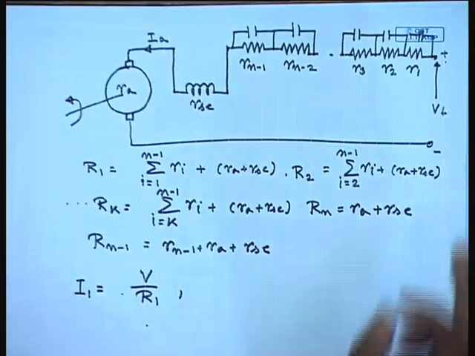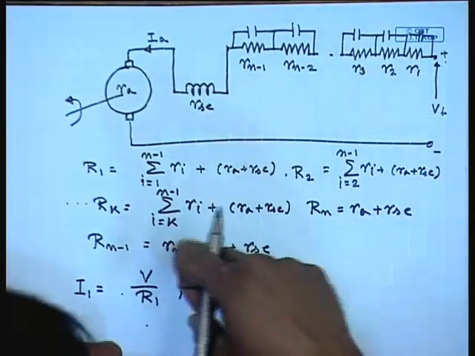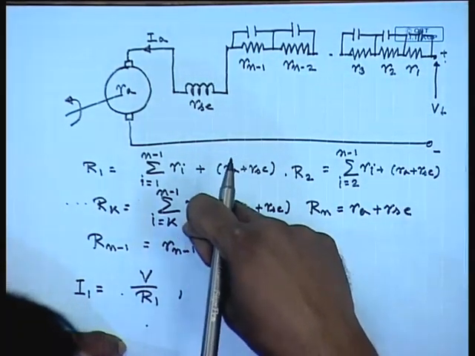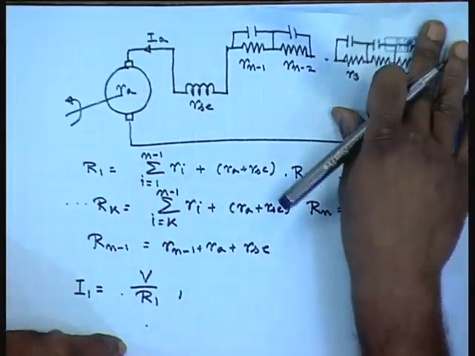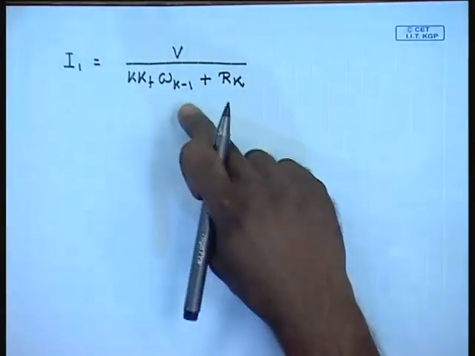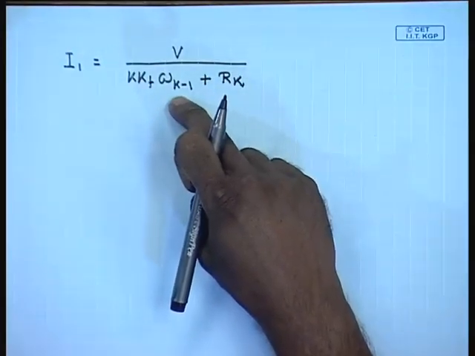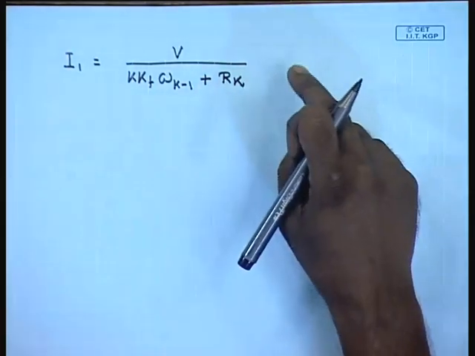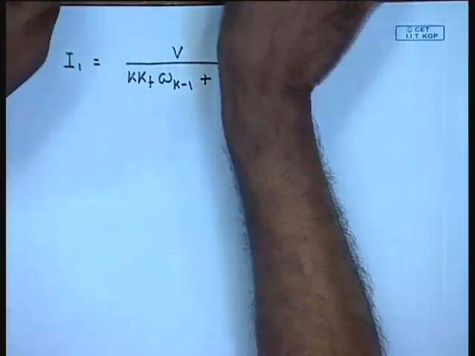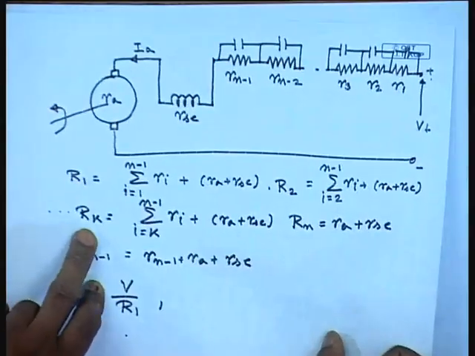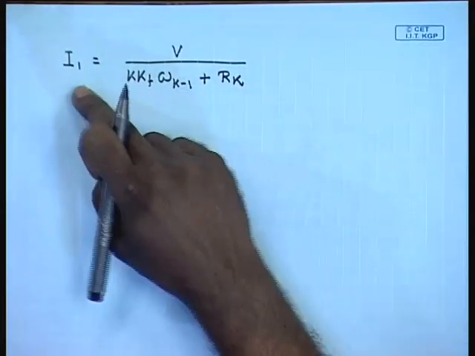That is, just when the Rk minus 1 resistance has been shorted, the speed was at omega k minus 1. Just when one resistance has been shorted and the new resistance has become Rk, the current is I1.